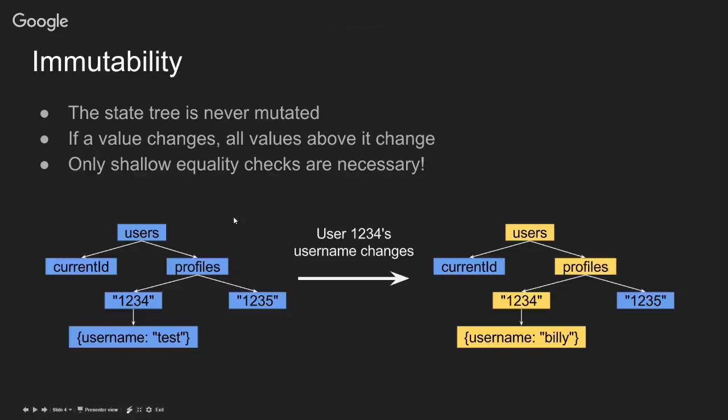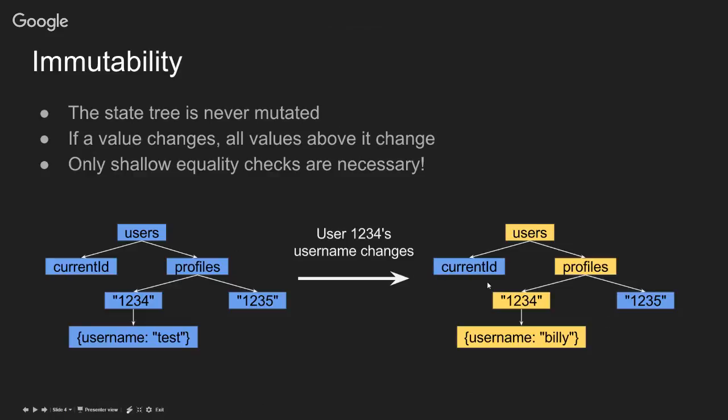Whenever you change something in the state, say for example, this is roughly the same data, just in a tree. If you want to change the username of one user, it will mutate all the nodes going up the tree, but anything outside of the tree will not change, which is nice.